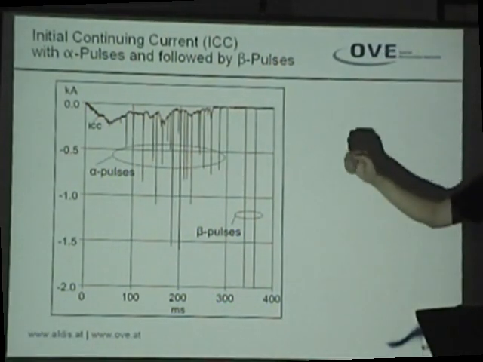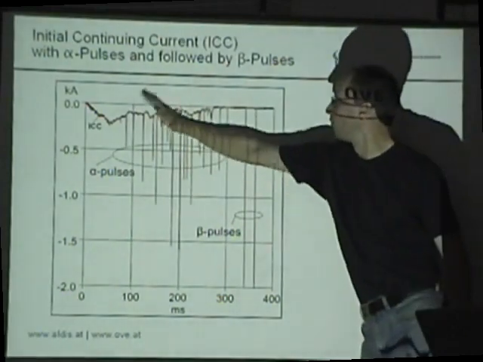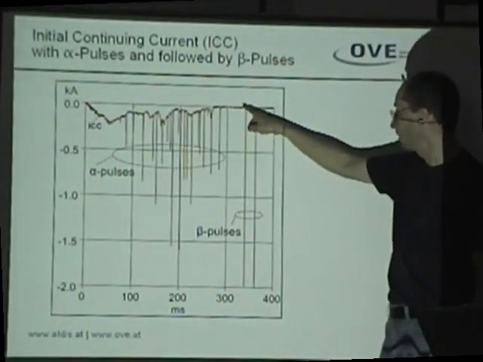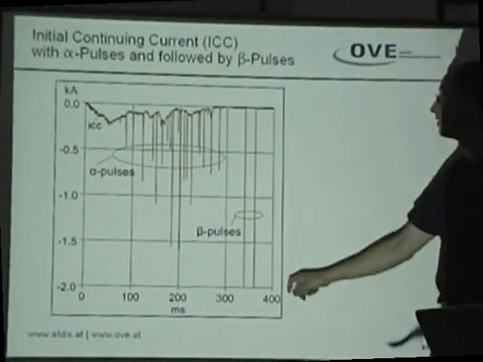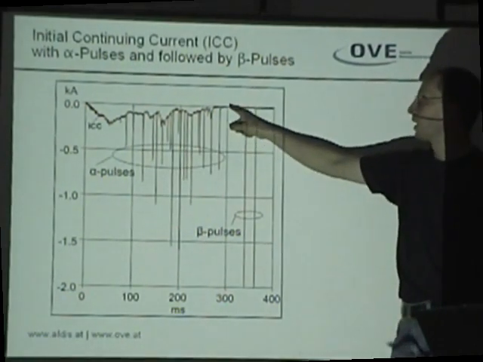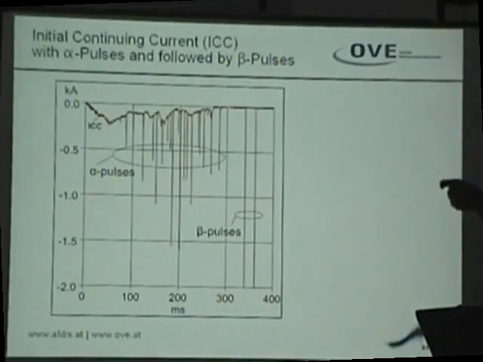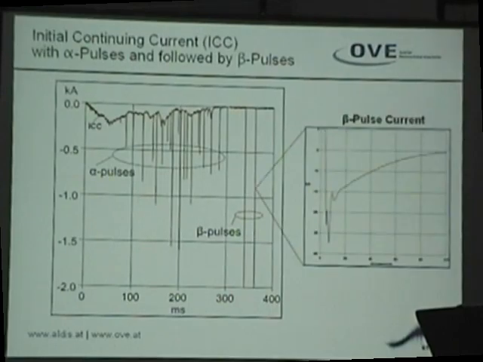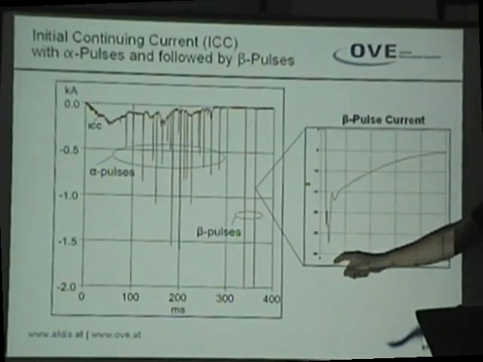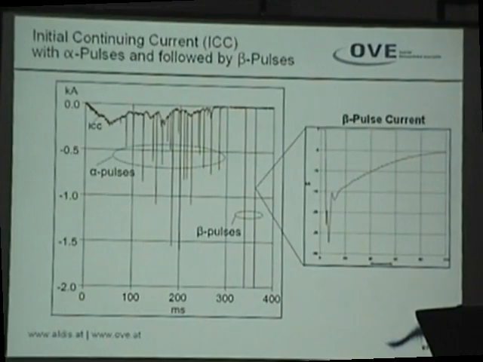We won't have this in nature. So forget this for the first time. What is interesting for us are those beta pulses. After a time period with zero current, we have some discharges to the tower, and those are similar to subsequent strokes in natural lightning. A beta pulse looks like this. Very sharp front, then goes back to zero.